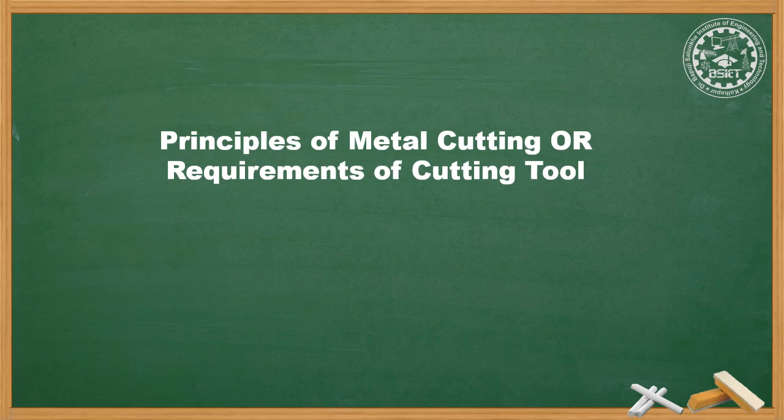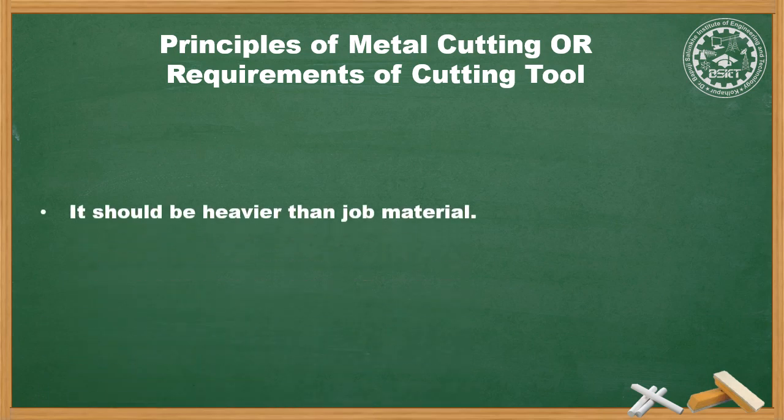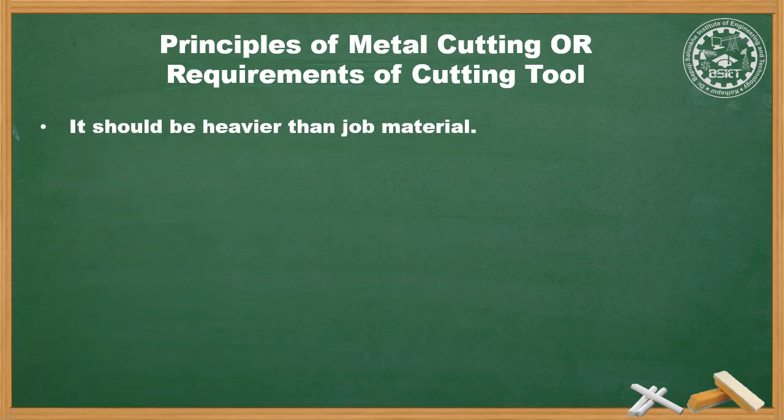Now let's start with the principles of metal cutting, or requirements of a cutting tool. A question related to this has been asked in earlier examinations: what are the different requirements of a cutting tool? So the first one is that it should be harder than the job material.